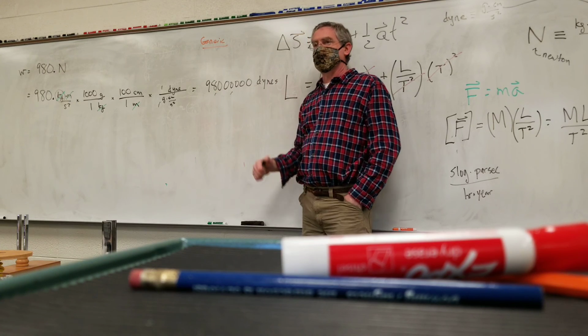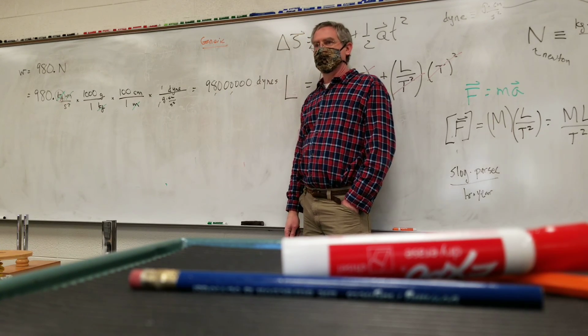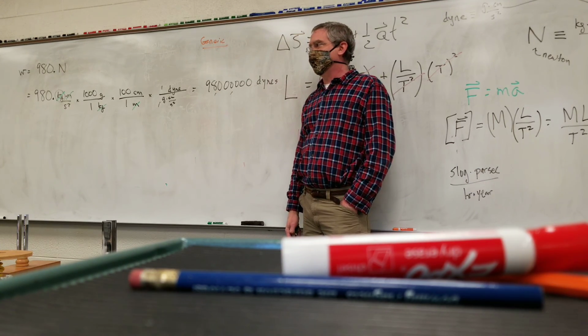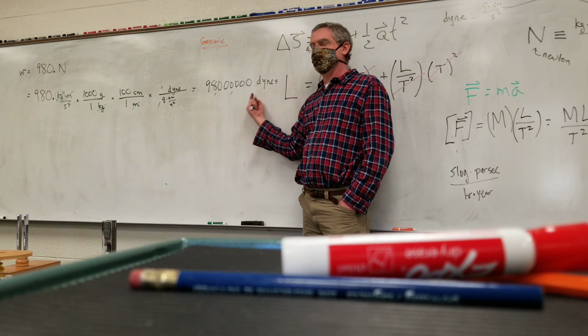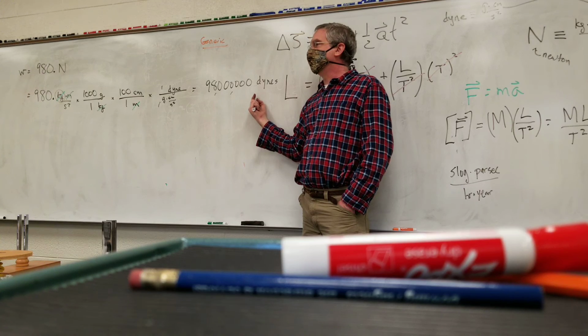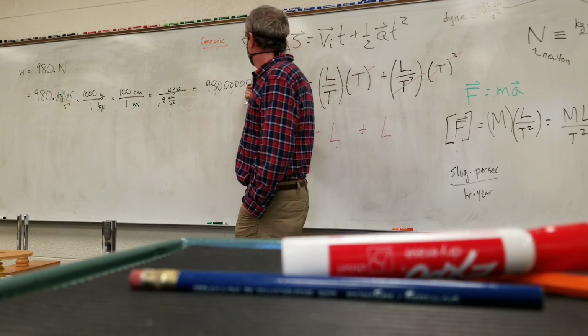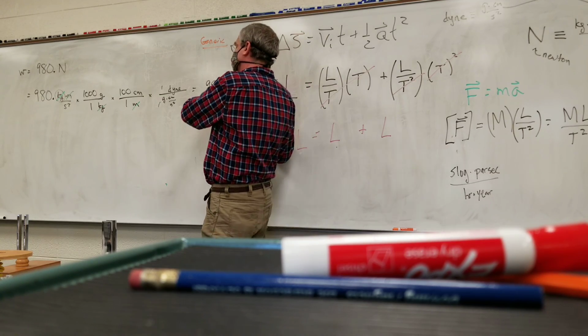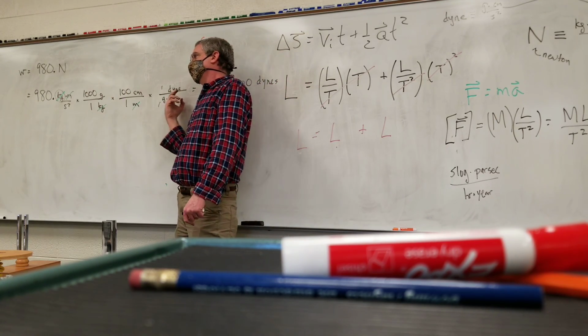Where's the significance? How many significant digits in my final answer? 2. Why 2? Because there's no decimal at the end. The number of significant digits depends on what I started with and work my way across.